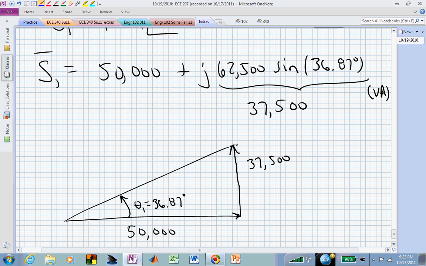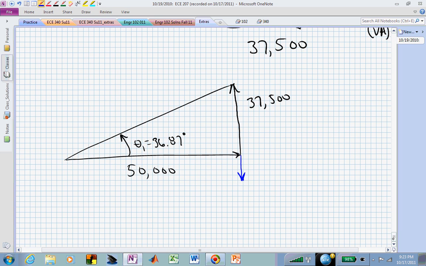but actually go in the opposite direction with our reactive power, so that the net effect of taking the black up and the blue down will give us a resultant with a smaller angle. What we're looking for is this angle for the total, and we were told what the power factor of that total should be.